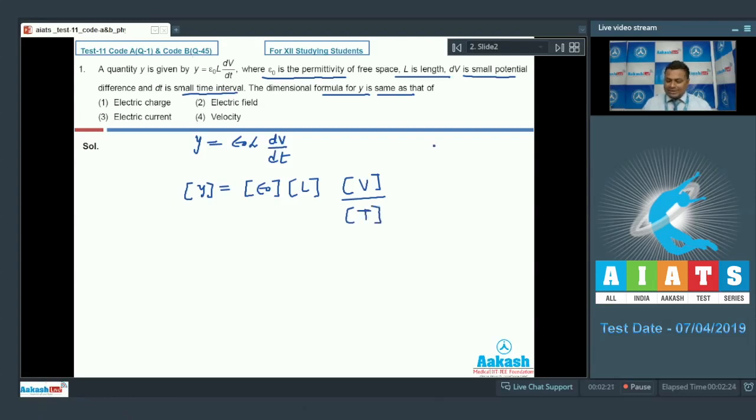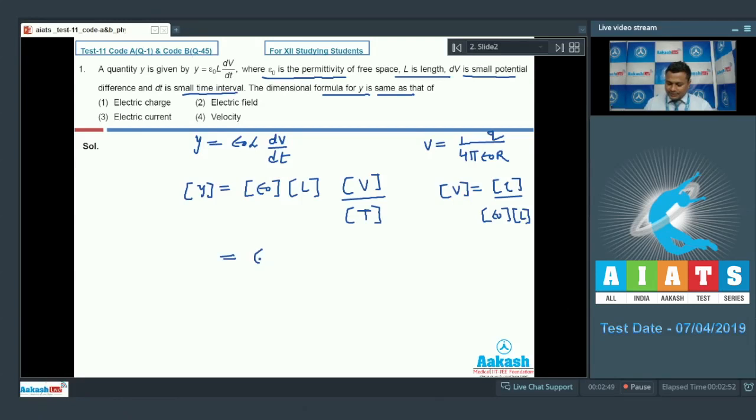Now we know very well that potential V equals 1 by 4 pi epsilon naught Q by R. It means the dimension of V will be dimension of Q divided by dimension of epsilon naught, dimension of R, that is simply L. So let's put it.